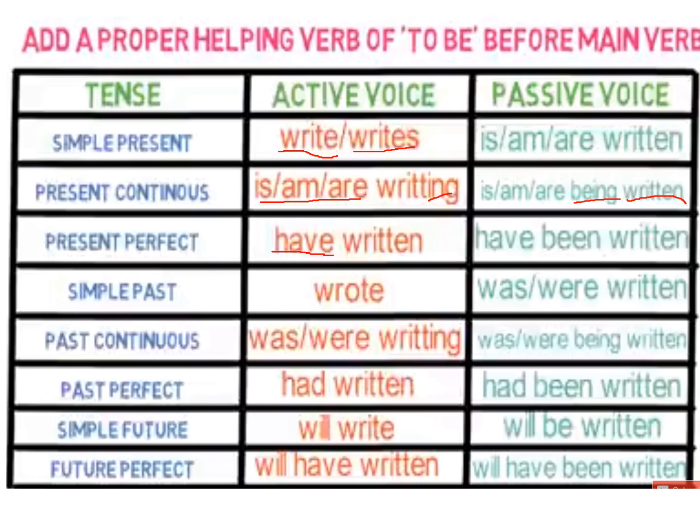Then when we change it, it will be a letter has been written by him, or if the plural is there, then have been written by him or them. All right.